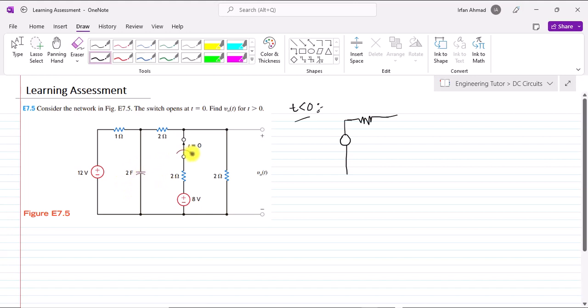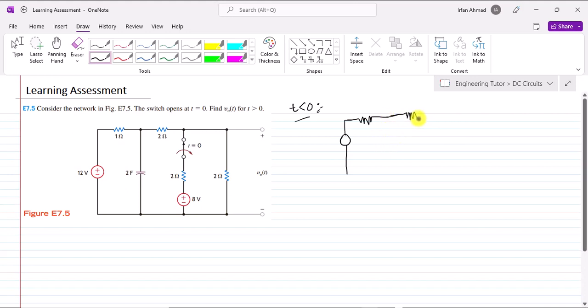So in steady state, when the switch is in its original condition, the capacitor will behave as an open circuit. So the circuit we have will be like here, and here it is the open circuit.